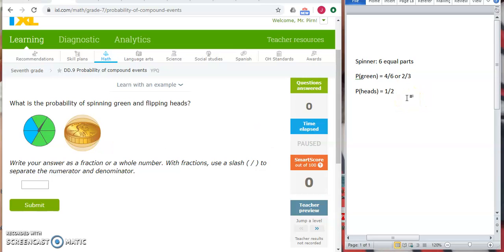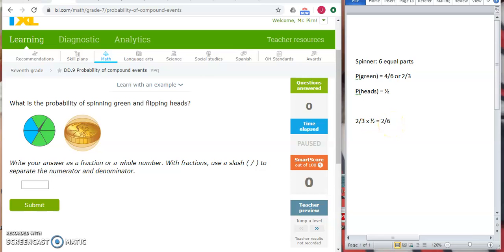Okay? So let's see what that looks like here. We have probability of the spinner was 2/3, and we're going to multiply that by the probability of the coin, 1/2. When you're multiplying fractions, you multiply the tops together. So 2 times 1 gives you a 2 on top. And you multiply the bottoms. 3 times 2 gives you a 6 on the bottom.